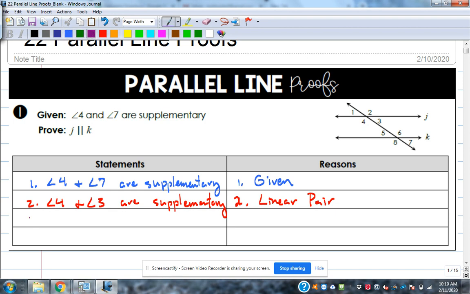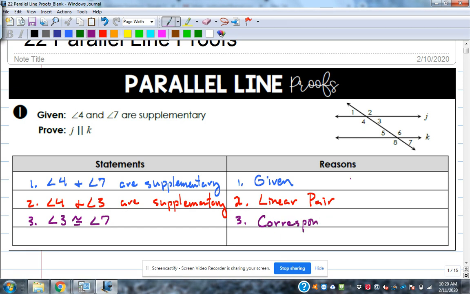Change colors here. Angle 3 is congruent to angle 7. So wanted to write 4 there instead of 3. The reason 3 would be corresponding angles.